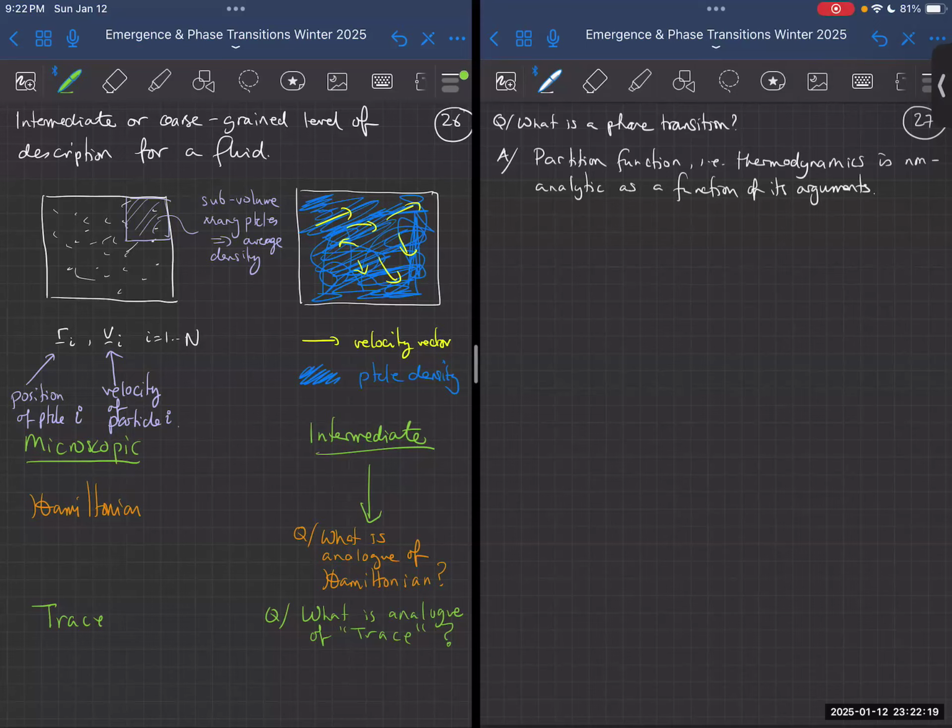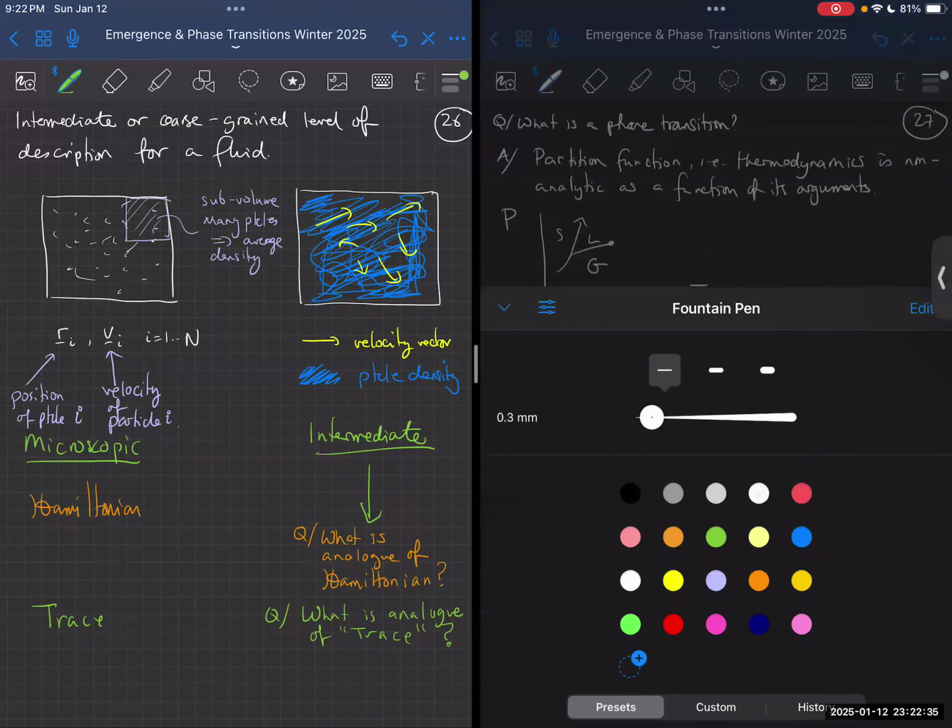So if we go back to our picture of the phase transition for ordinary matter, we have solid, then liquid, and then gas.